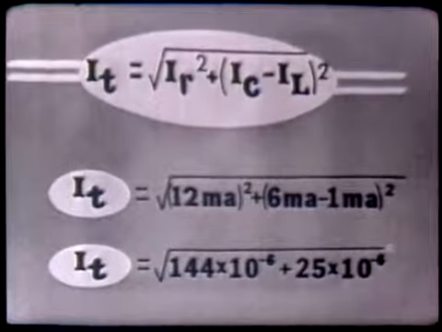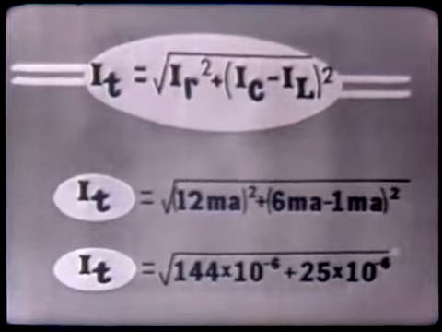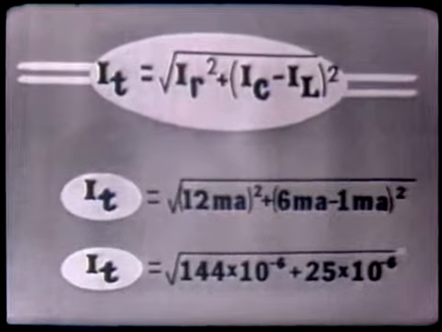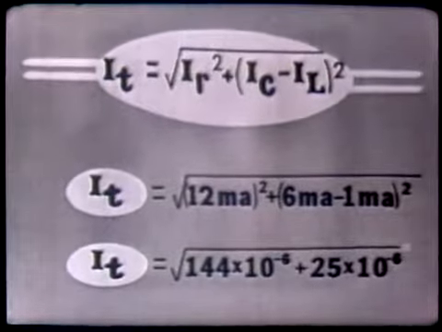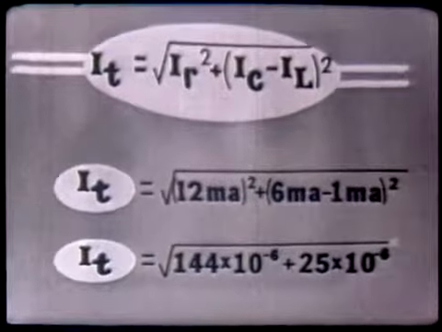The Pythagorean theorem comes out this way, where IT is equal to the square root of IR squared plus the quantity IC minus IL, squared. We substitute into this formula 12 milliamperes for IR, 6 milliamperes for IC, and 1 milliampere for IL.